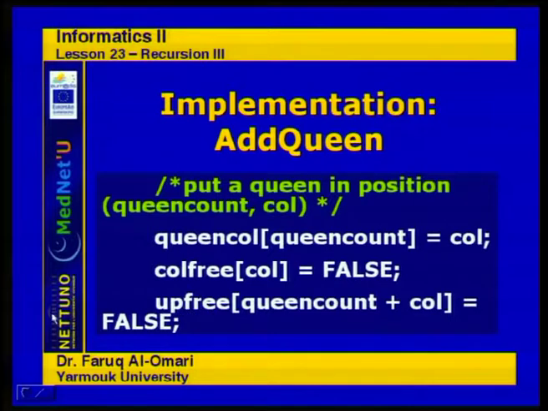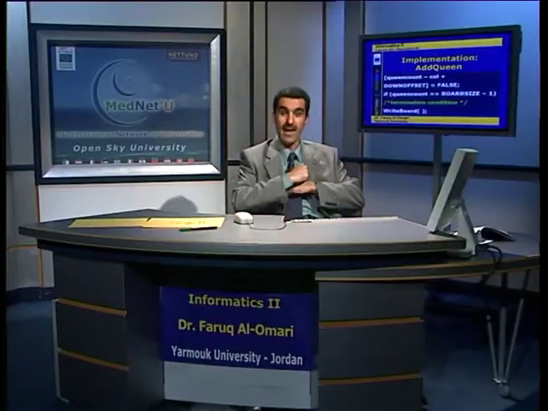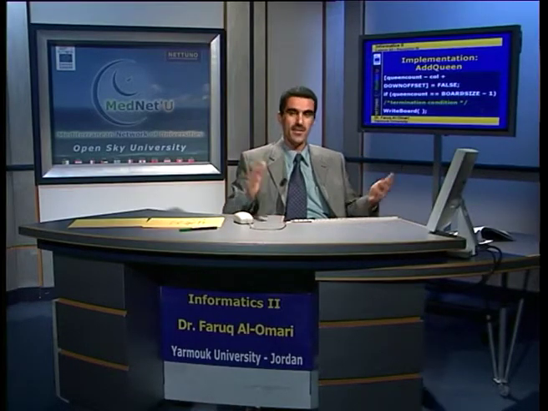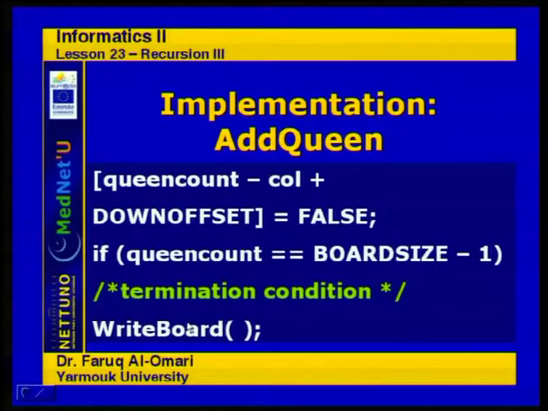Go to the up diagonal, make it false because it's guarded now. And go to the down diagonal and make it false as well. All right? And now, if queen count equals 7, that means I have from 0 to 7, I have added all the queens, then basically I'm done. And this is my terminating condition: go and display the result on the screen.